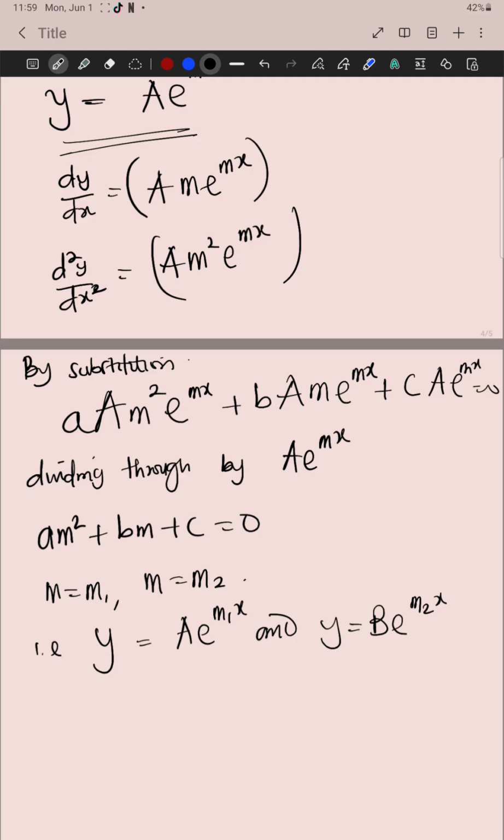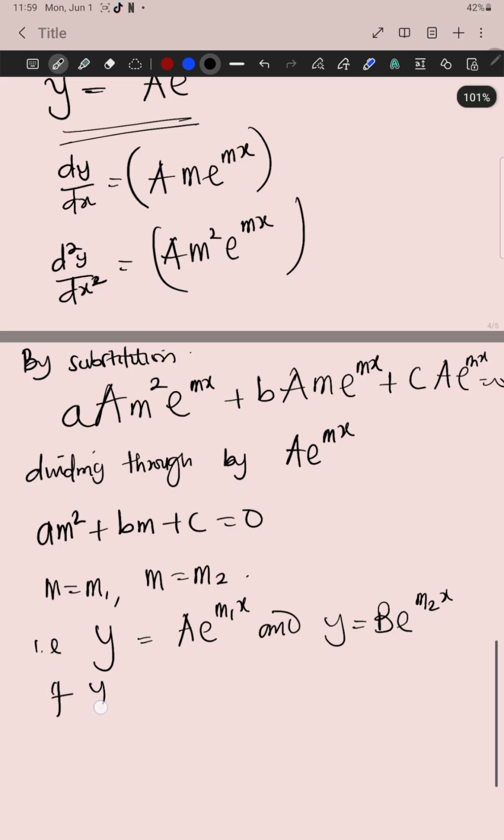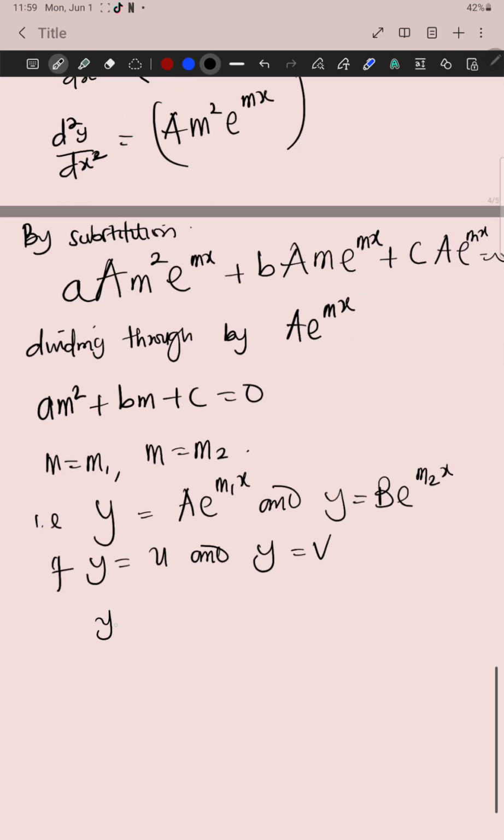Now, we already saw that if y is equal to u and y is equal to v are the two solutions, then you can say that y is equal to u plus v.